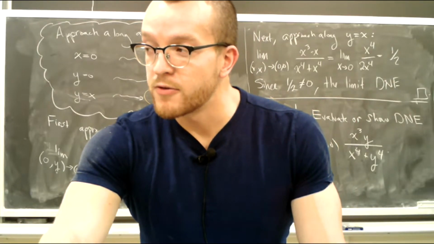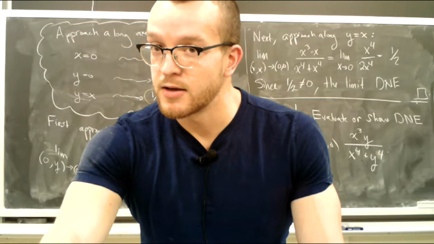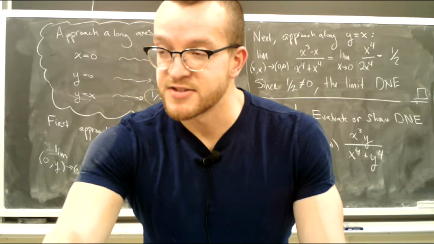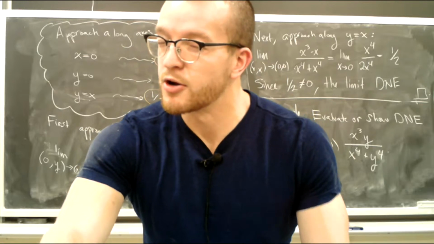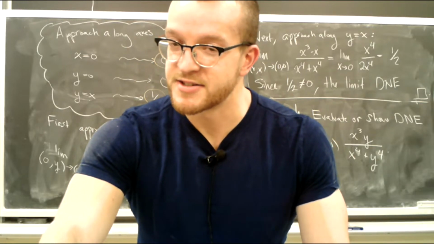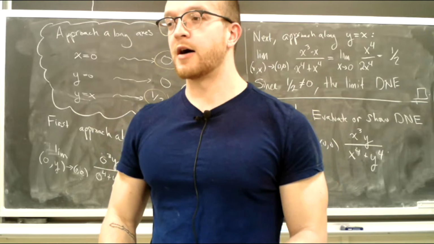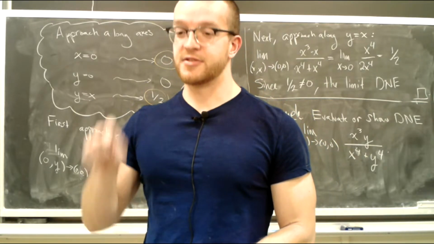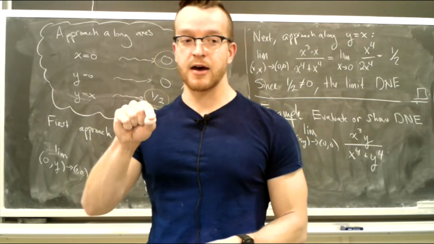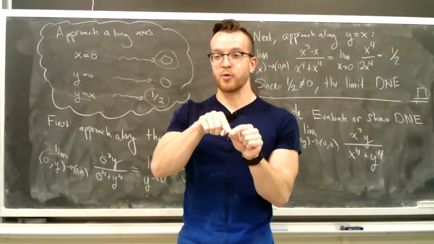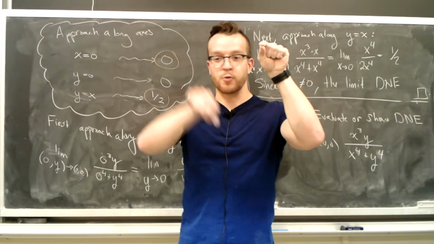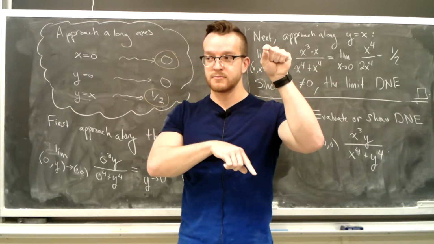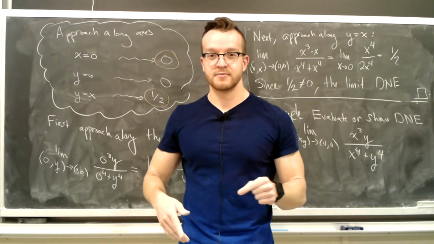Whatever approach you take has to go through the point. I don't know if that answers your question, but in this case, x and y are going to 0, 0. So any path I approach along has to go through that point. If the point were -1, 1, I could not use y equals x, because y equals x doesn't go through that point.